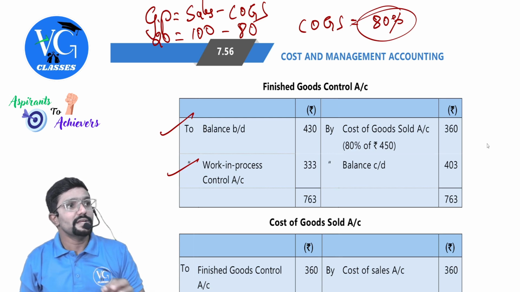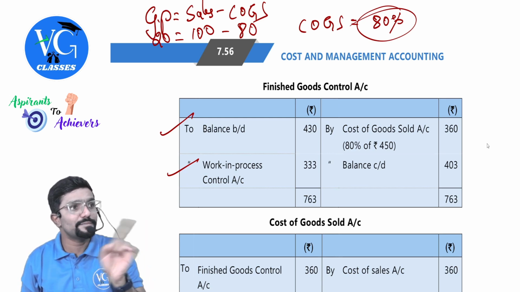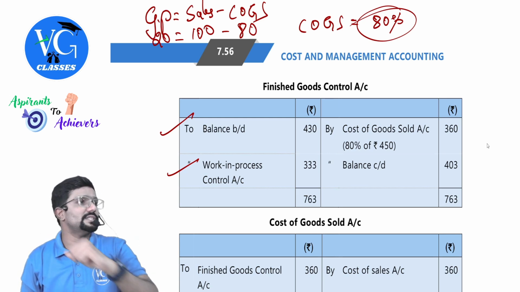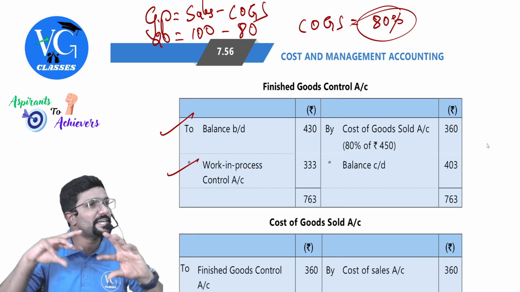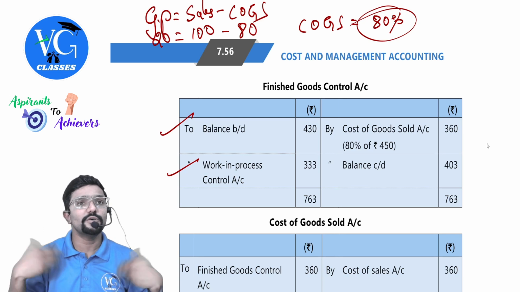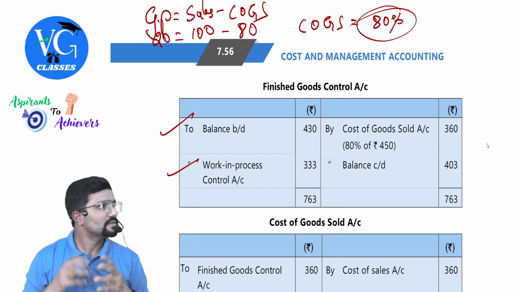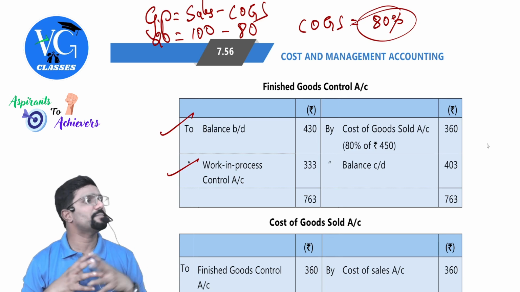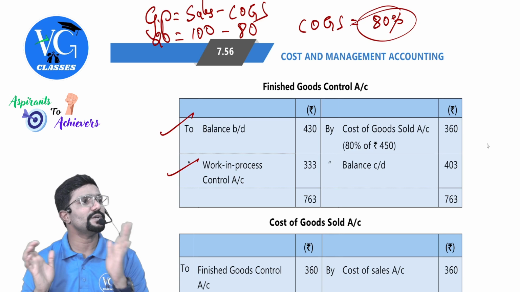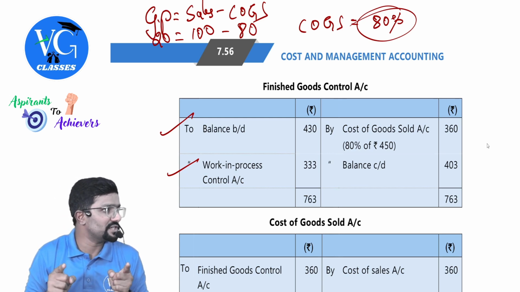Actually gross profit is not sales minus cost of sales; actually gross profit is sales minus COGS. Just to differentiate between the two profits, I have to name them differently. I cannot use the word profit for both. That is why we use the words gross profit and net profit. But actually gross profit means sales minus COGS, which will help you here for calculation.